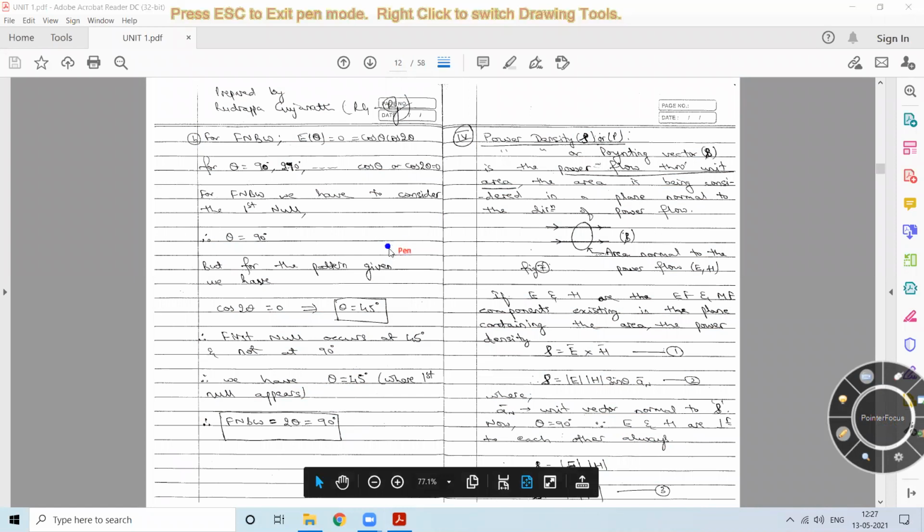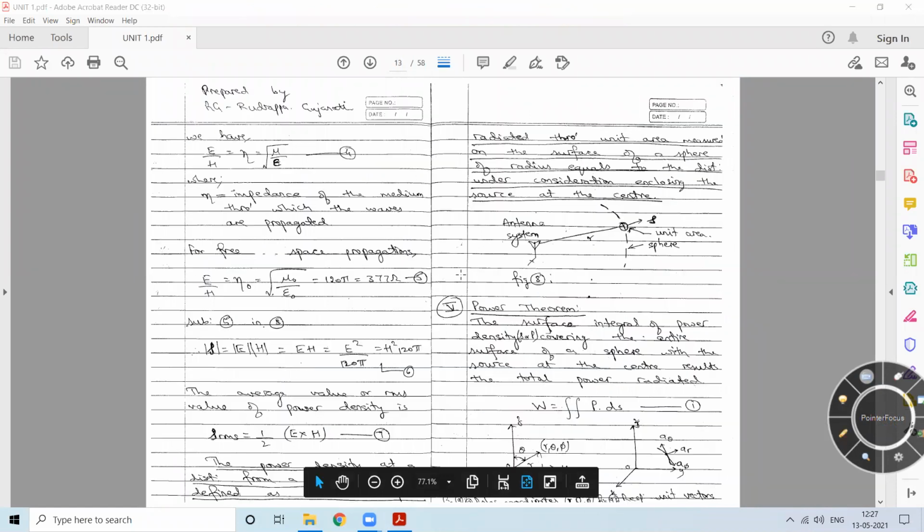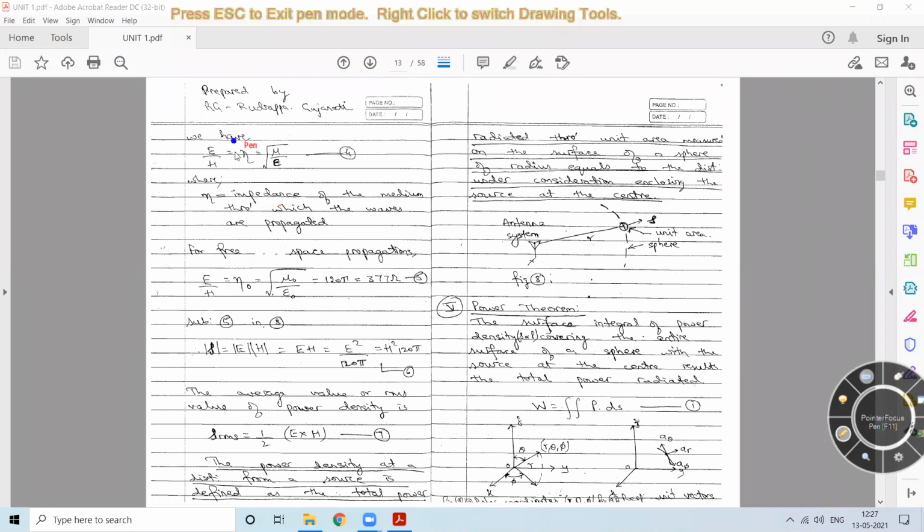But we have another parameter, that is the intrinsic impedance. Intrinsic impedance in terms of electric and magnetic field is given by E by H. That is, intrinsic impedance is equal to E by H. This is also equivalent to the square root of mu by epsilon, in terms of permeability and permittivity.